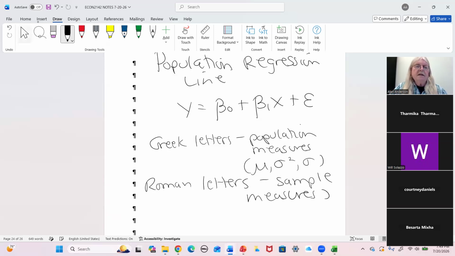Which would be things like x bar, s squared, s.